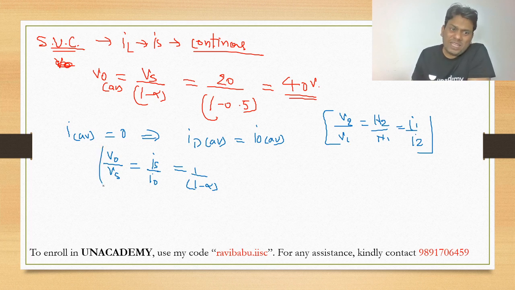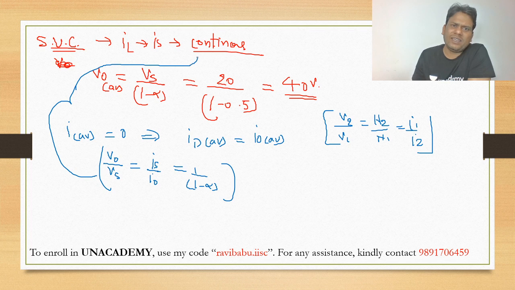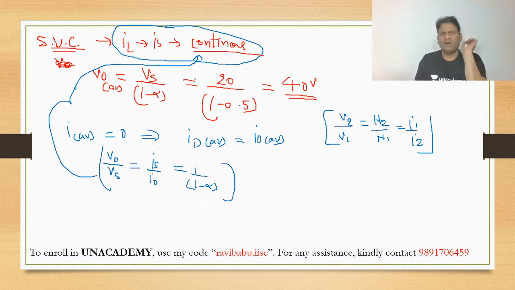This formula is very useful for the given converter. Again mind it, this formula or any other formula we have derived in the standard way is possible only when IL current is continuous.